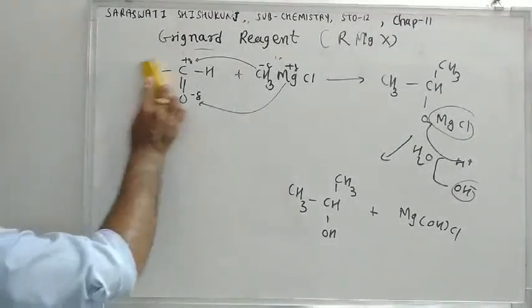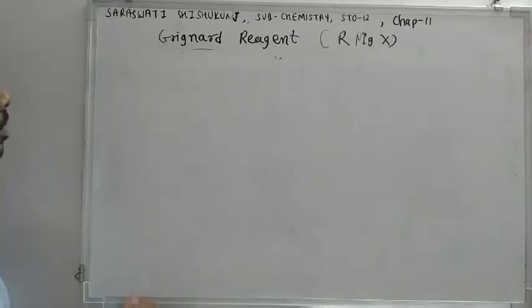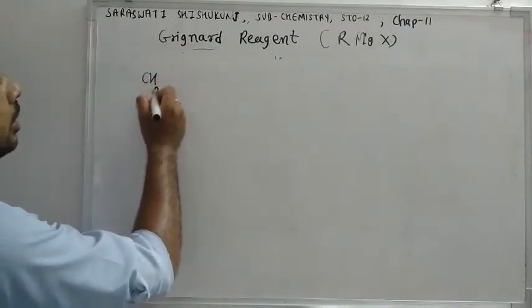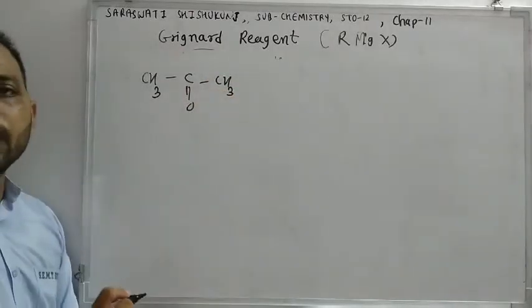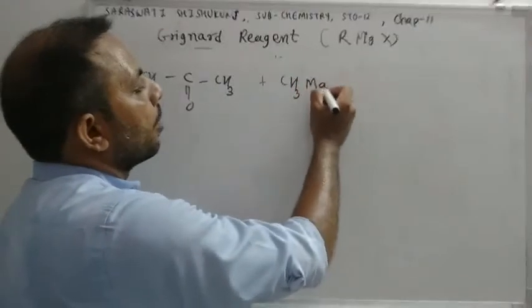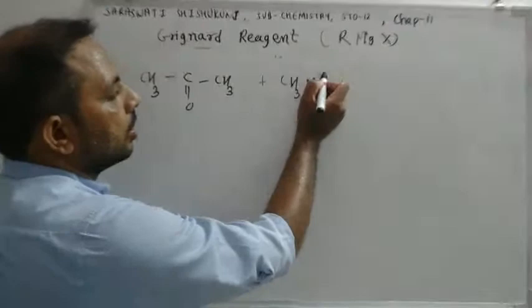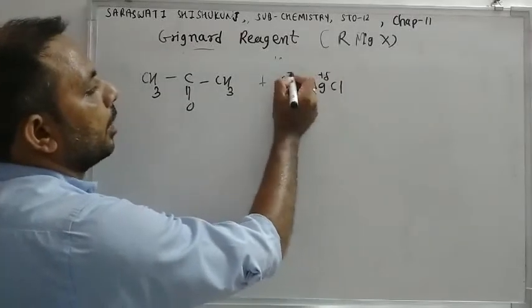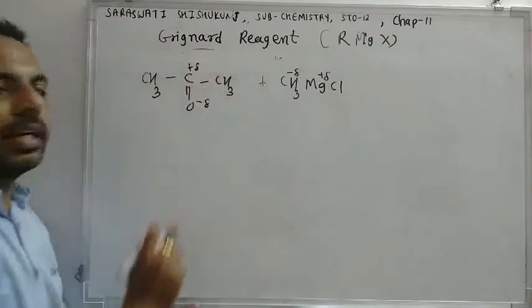The last reaction is if Grignard reagent reacts with ketone. So we'll discuss CH3COCH3, this is ketone, we can say propanone, and Grignard reagent is CH3MgCl. Mg has a positive charge, the methyl group has a negative charge, the oxygen has a negative charge and the carbon has a positive charge.